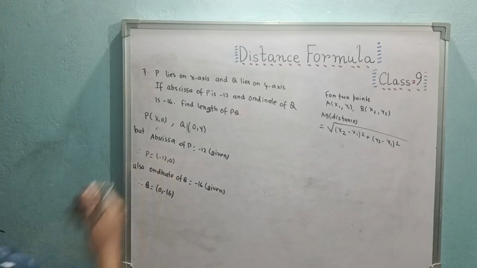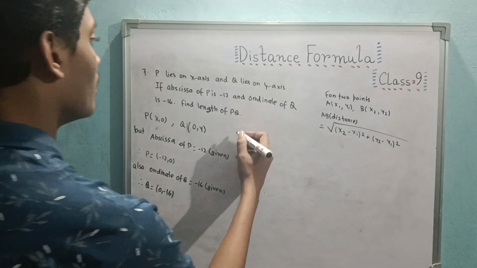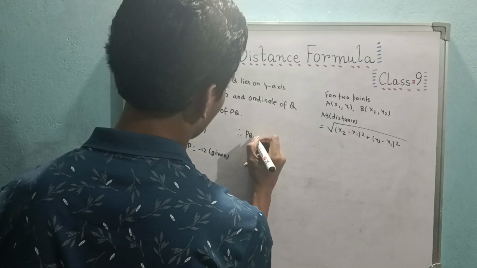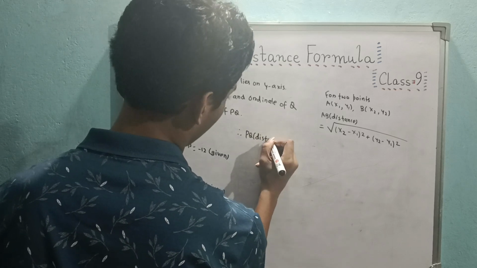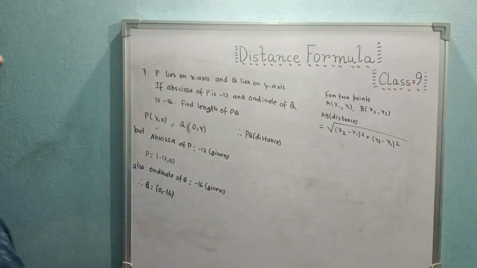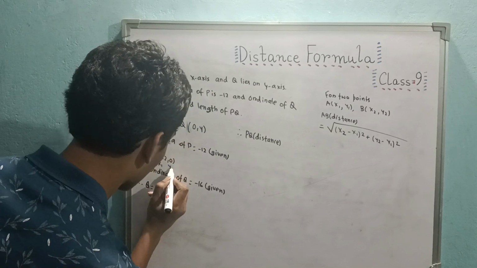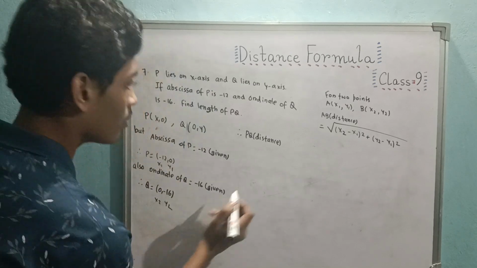Substitute it. So now you have P as minus 12 comma 0 and Q as 0 comma minus 16. Therefore PQ distance. Now what? The easiest part. It's becoming easy because now we are getting accustomed to the formula. Take x1 y1 x2 y2.